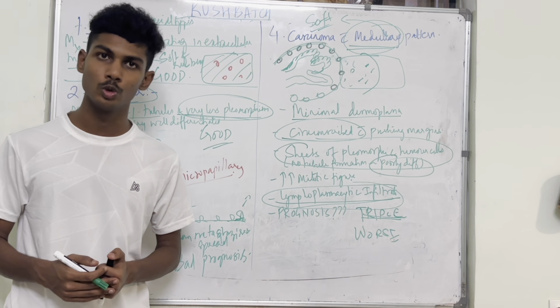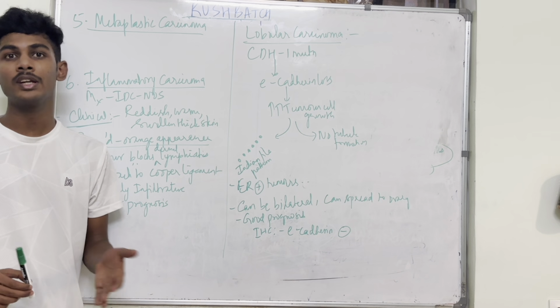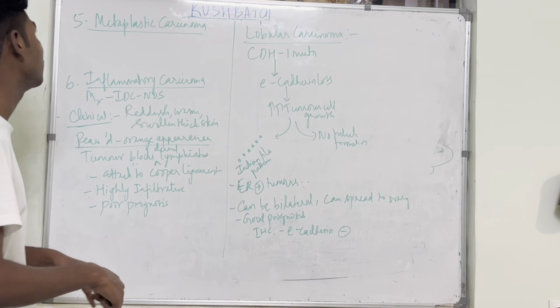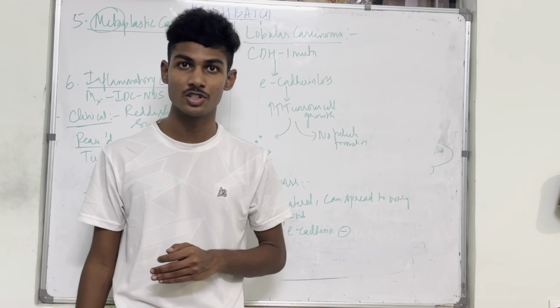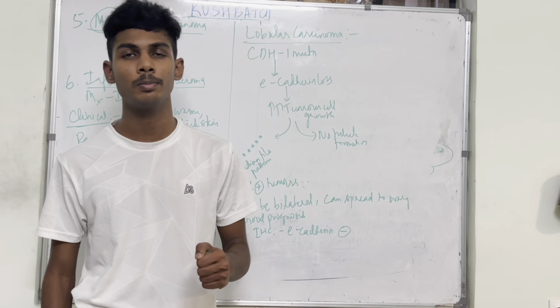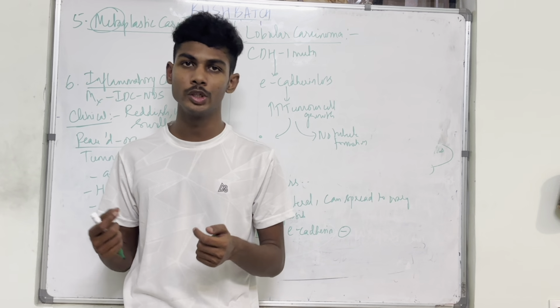Let's discuss the pending patterns. We have to learn the next three more cancers, so let us finish them off. Now we are learning the metaplastic carcinoma. Do you know what metaplasia is? Here the tumor is going to change.